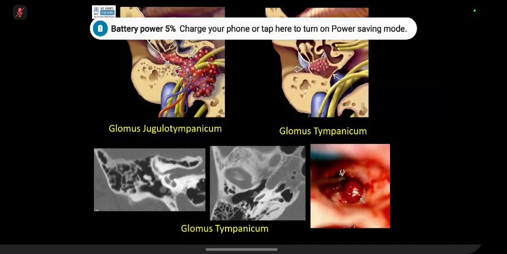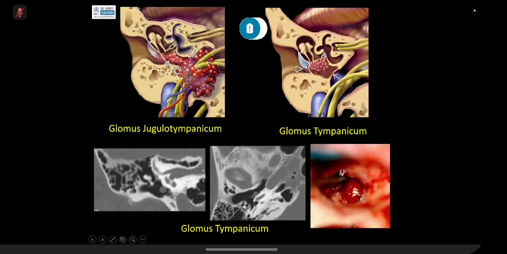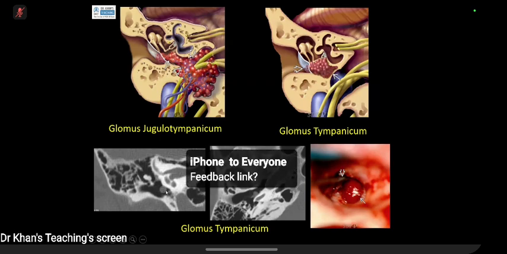There is a tumor known as glomus tympanicum, glomus jugulare, which is just at the jugular foramen, and glomus jugulotympanicum, which goes from the jugular foramen into the middle ear cavity. When it arises just in the middle ear cavity, we call it glomus tympanicum. And this is also glomus tympanicum, which was sitting on the promontory. So that can be considered in the differential.